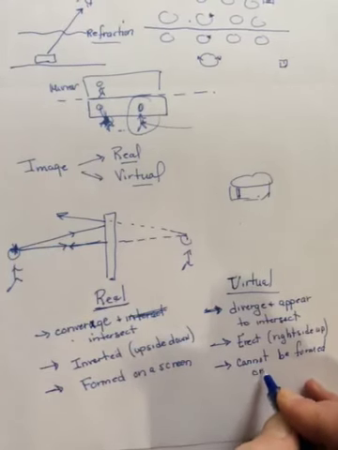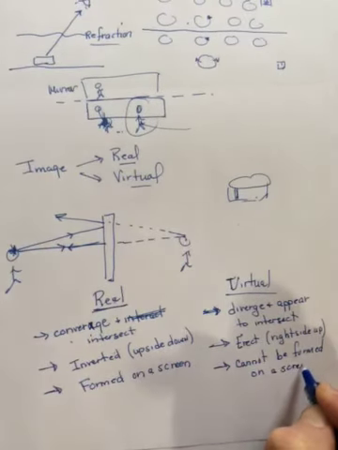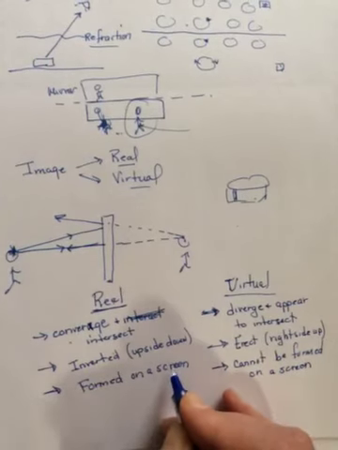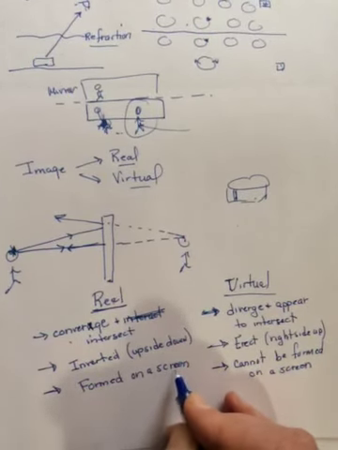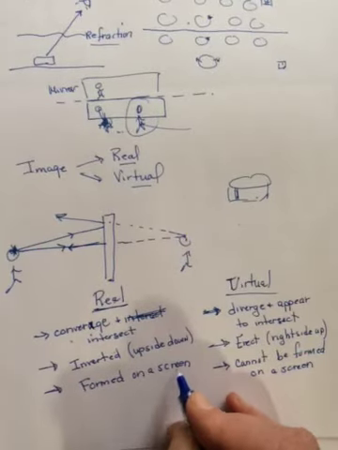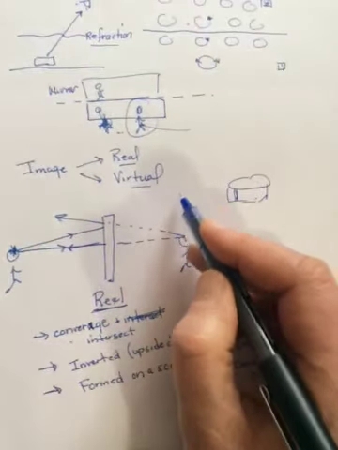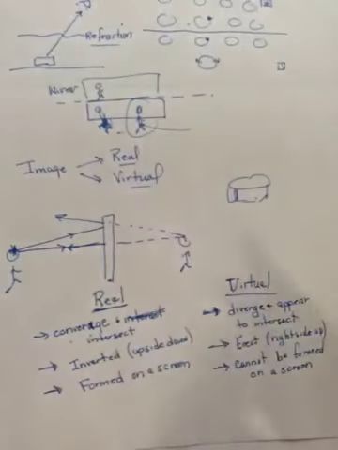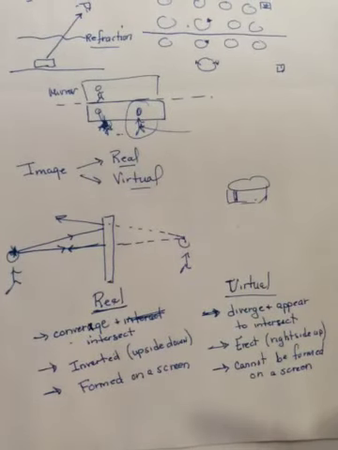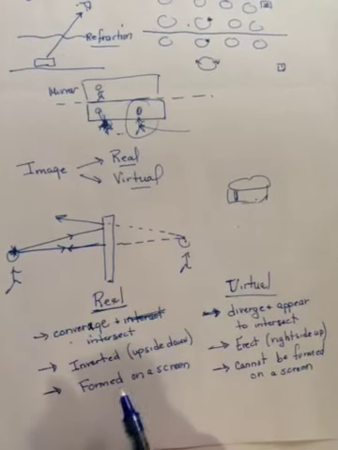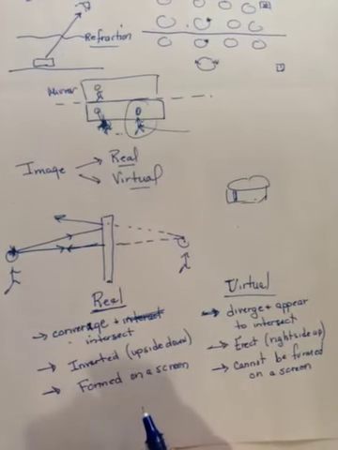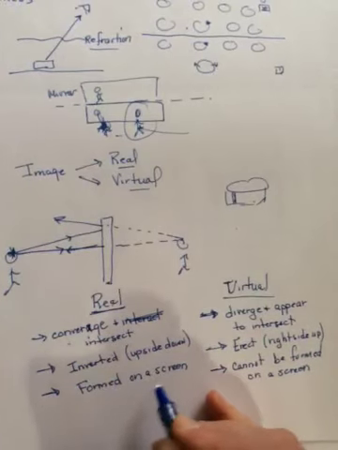I talked about the film on the camera, that's the screen. The retina of our eye is the screen. In the old slide projectors, where they got projected on, that was the screen. With the projector that our smart board is set up for, you see the image on the smart board, that's a screen. Those are all real images.